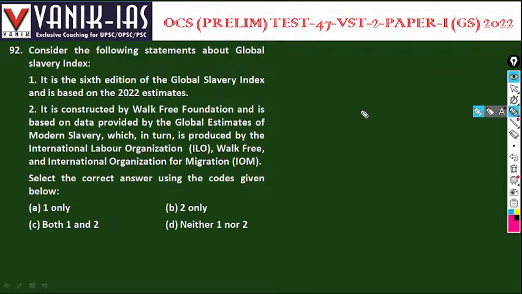Global Slavery Index. It is the 6th edition of the Global Slavery Index, based on 2021 estimates. It is constructed by Walk Free Foundation. It is based on data provided by the Global Estimates Model of Modern Slavery, which in turn was produced by the International Labour Organization, Walk Free, and International Organization for Migration. Second statement is correct.